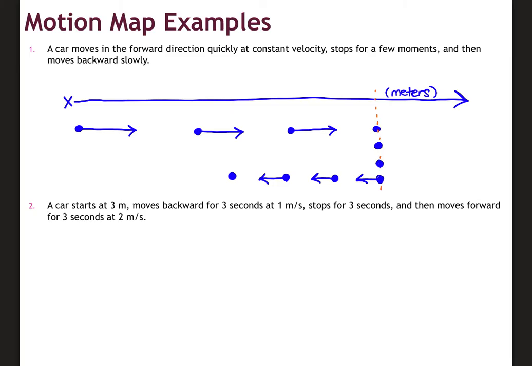Okay, so in this case, I need to do the same thing. I need to draw that position line, draw it way out. But this time, I actually have numbers and stuff. So I'm going to put hash marks to represent 1 meter intervals on my number line.